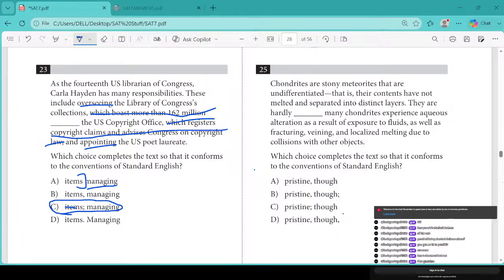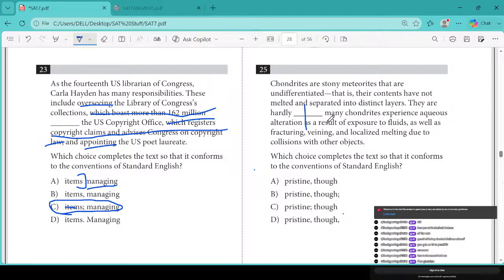Let's check out question 25. They are hardly pristine. That should be able to stand alone as a sentence.